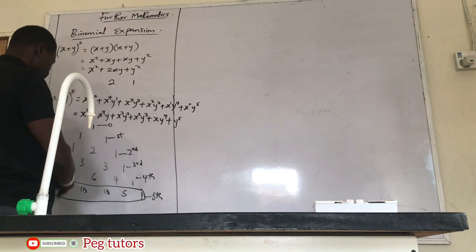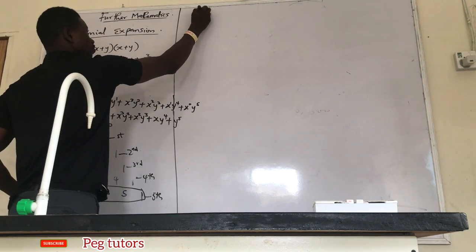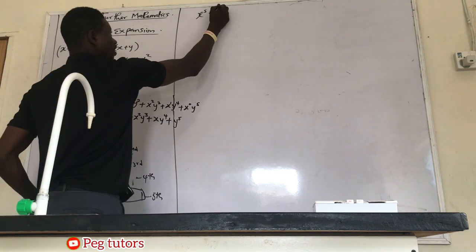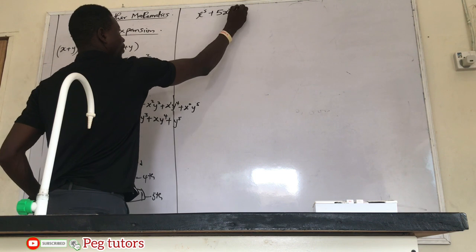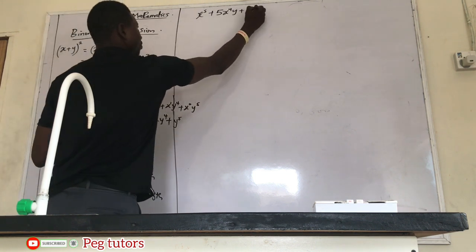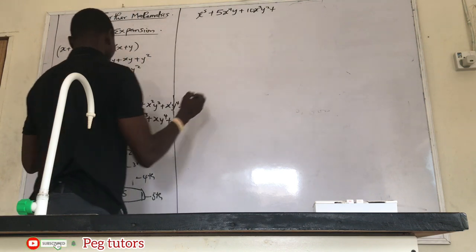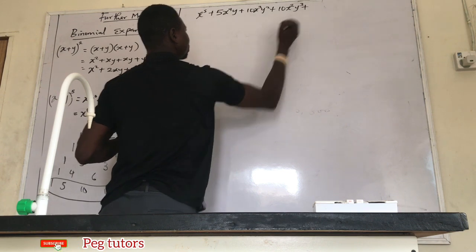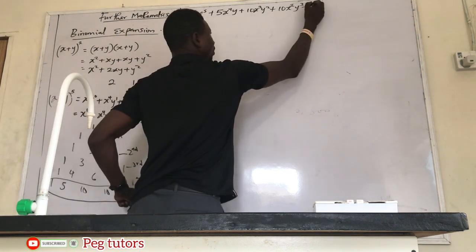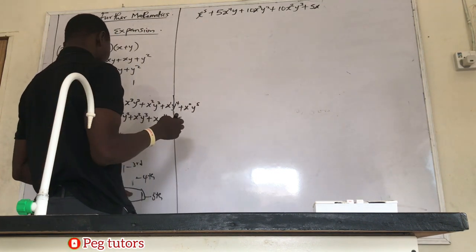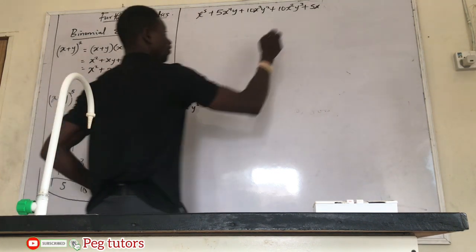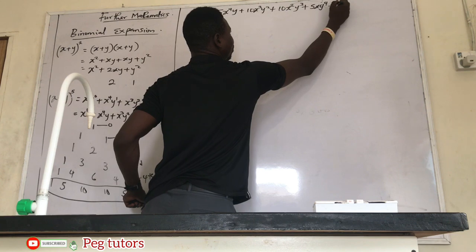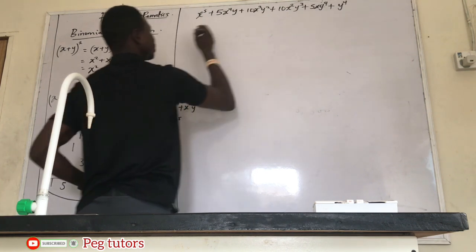We have x to the power 5, coefficient is 1, so we have x raised to power 5 plus, for x raised to power 4 and y, the coefficient is 5, so we have 5x power 4, then y, plus 10 x power 3, y2, plus we have another 10 x power 2, y3, plus another 5 x power 1, y4, then plus y5. So that is all.